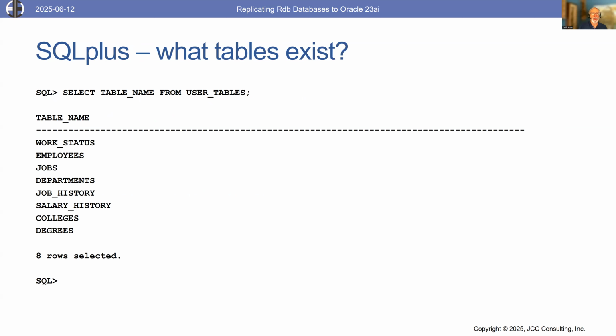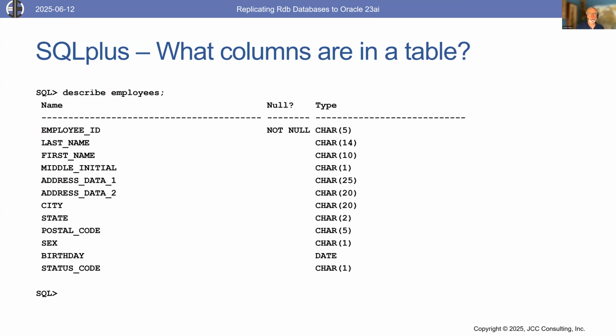On the Oracle server in SQL Plus, when I attach to the schema that I'm working with, I can see the tables with a select table_name from user_tables. This differs from RDB, where you can do a show tables. In Oracle, you have to do queries of the system tables, the information tables. To see what columns are in the table, I can do a describe table. In this case, describe employees, and we see that the employee ID is not null, char 5, and so on.